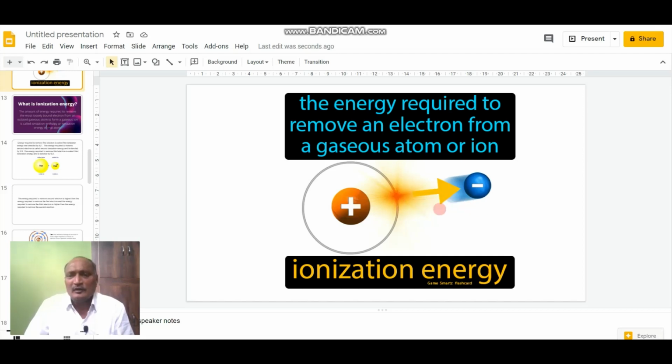After the removal of an electron from the valence shell, the neutral atom will be converted into a positive ion. So the amount of energy required to remove the valence electron completely away from the valence shell while converting an atom into a cation is called ionization energy.